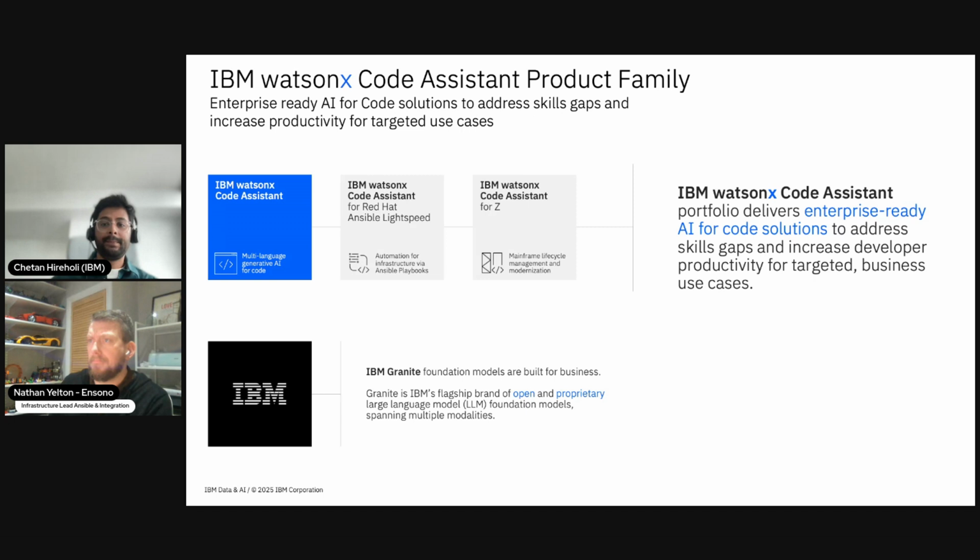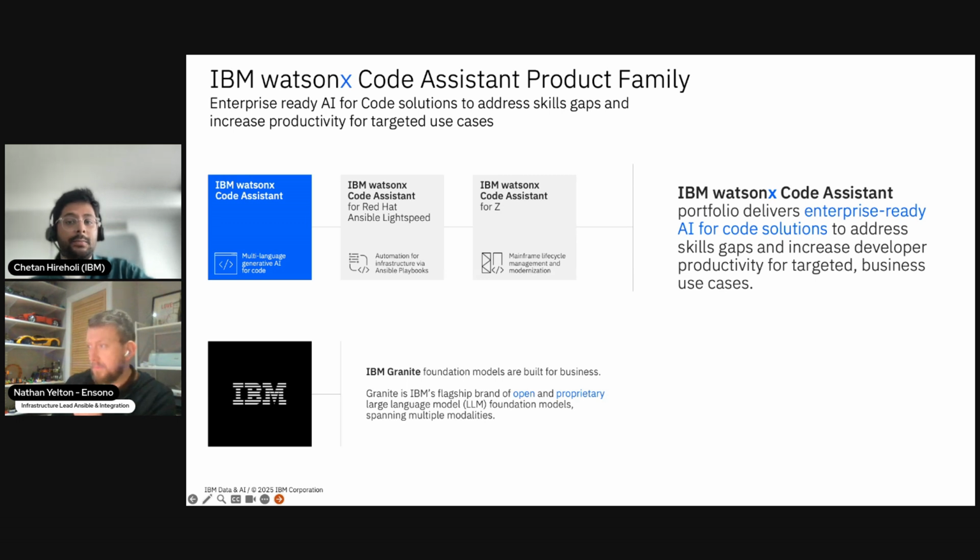This assistant helps streamline the process of writing Ansible code. And number three is watsonx Code Assistant for Z, a specialized assistant that facilitates the translation of COBOL to Java, designed for mainframe modernization.